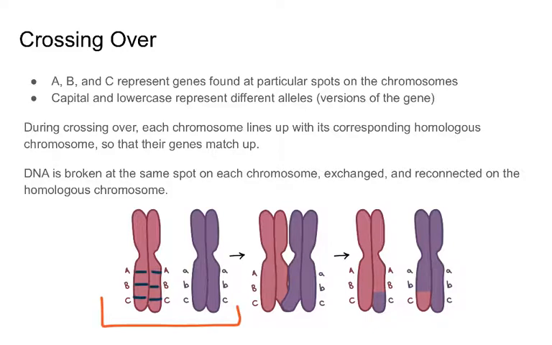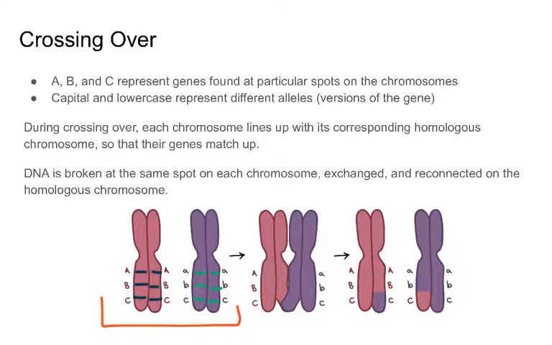The male genetic code, the purple one, has the same sort of deal. It's got 3 genes, but we're going to label those in a different color. When synapsis occurs, these chromosomes are going to intertwine with one another. They're going to get all tangled.